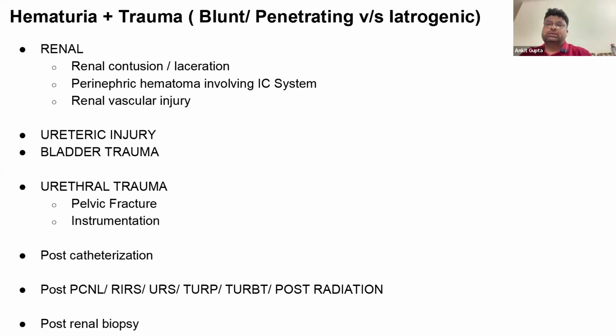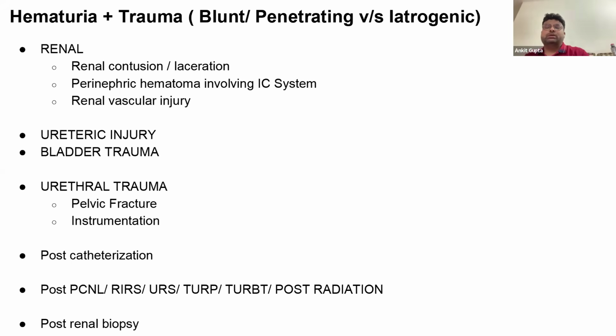So this is decompression hematuria. We will first assess the patient's vitals, and we will take history regarding whether the patient was having lower urinary tract symptoms prior to the episode. They are saying that they put the catheter, a few ml of urine came, and now there is severe bleeding.